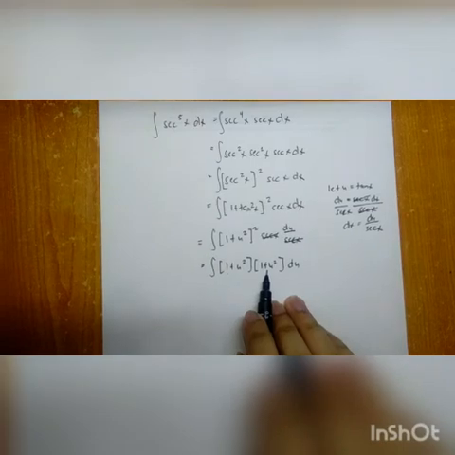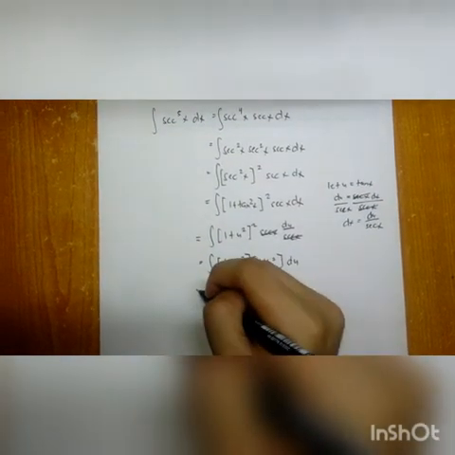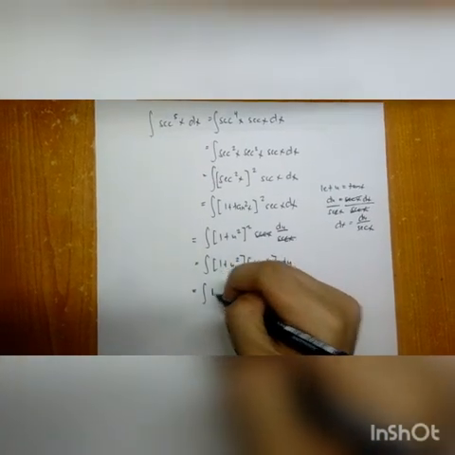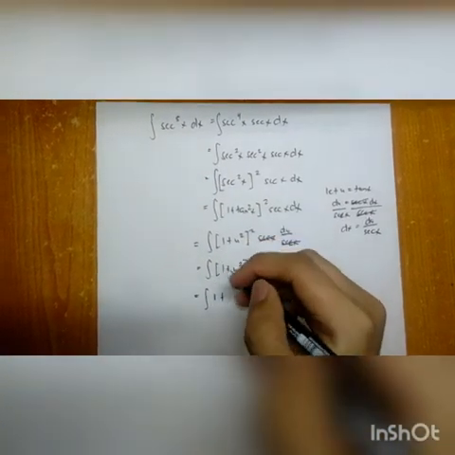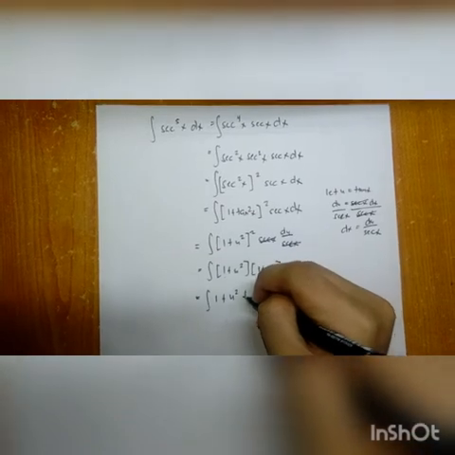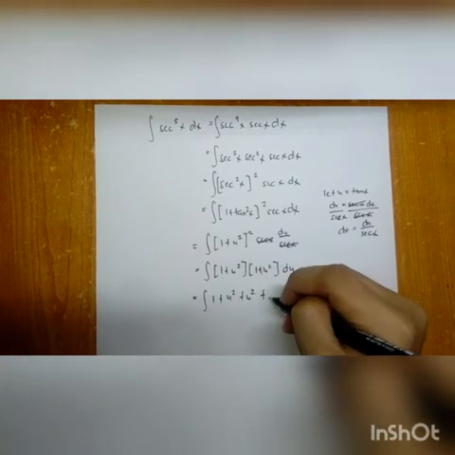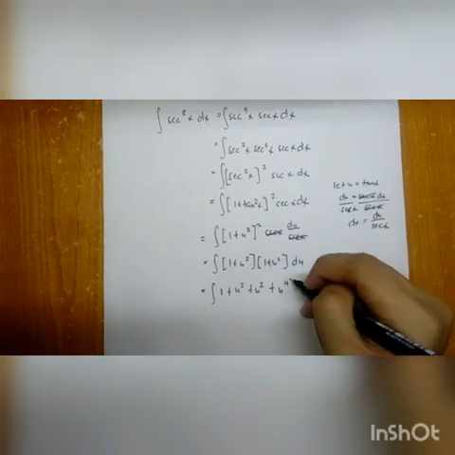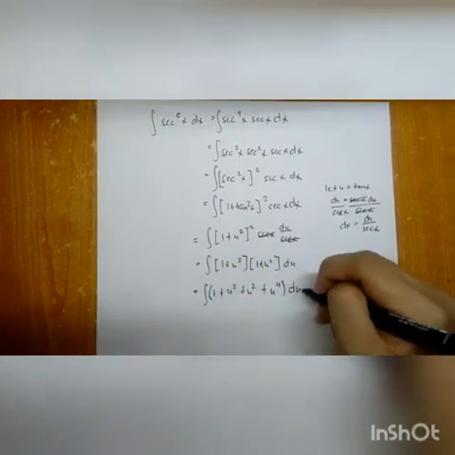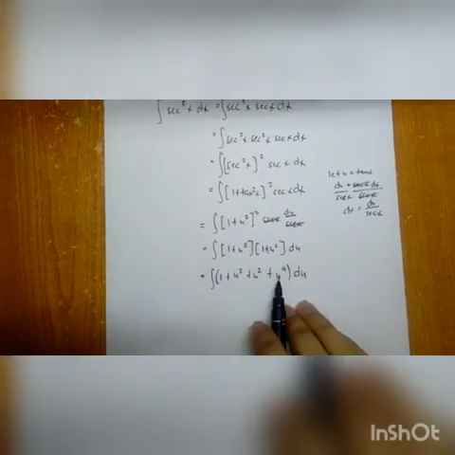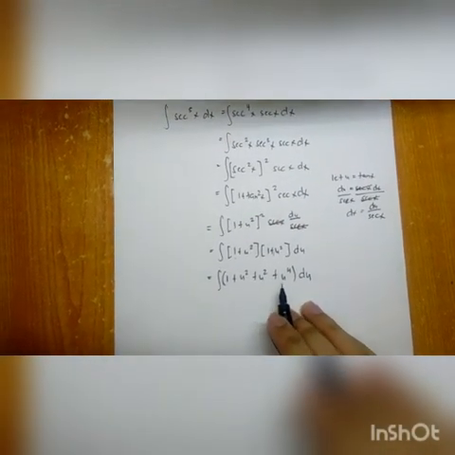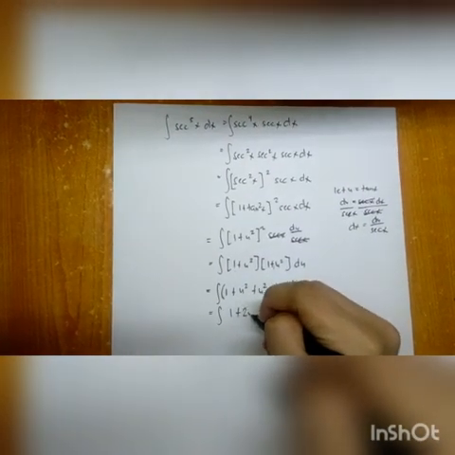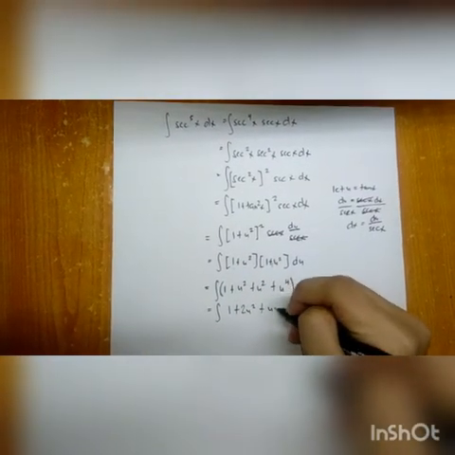We will use the FOIL method on these two, which will be the integral of 1 plus u squared plus u squared plus u to the 4th du. We will combine the like terms and that will become 1 plus 2u squared plus u to the 4th du.